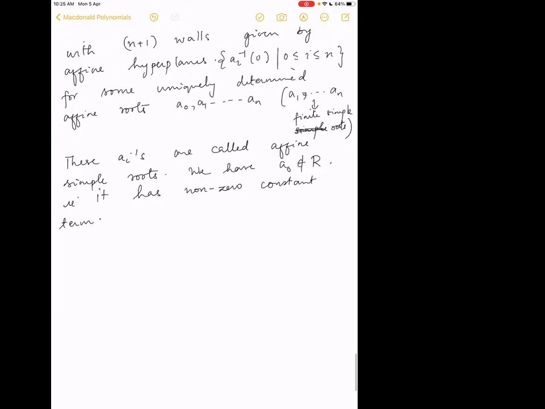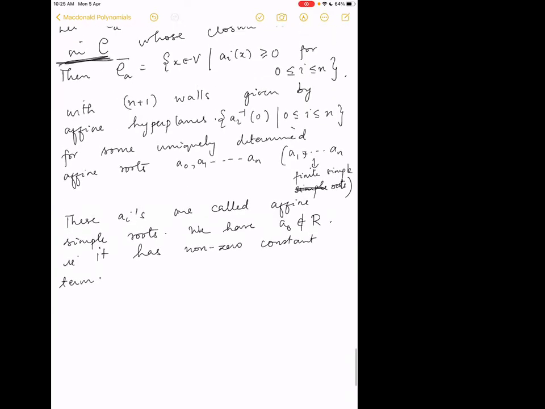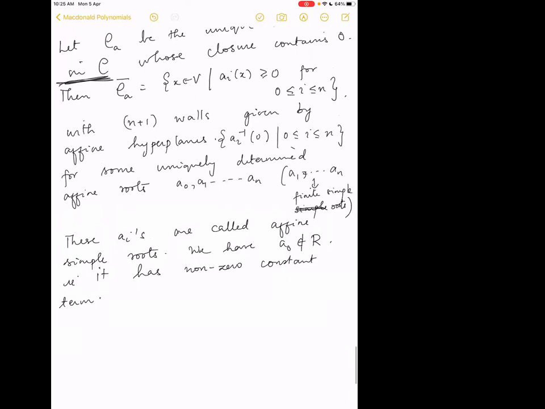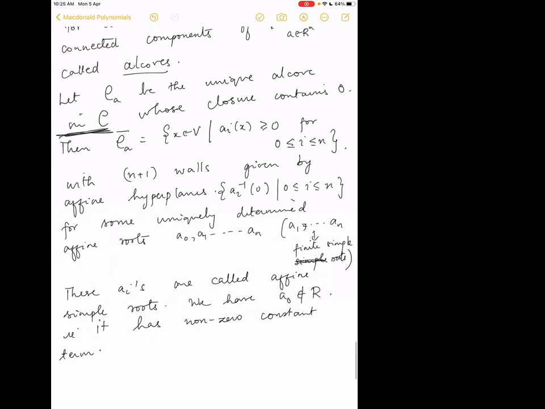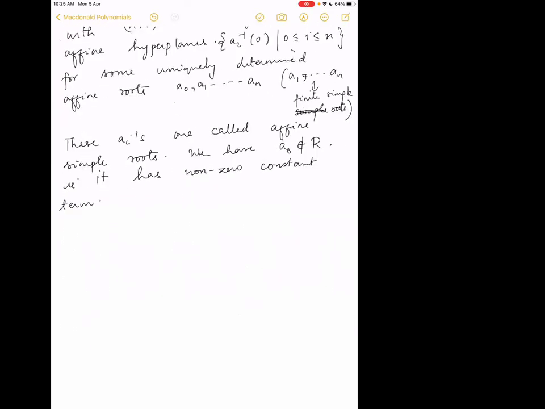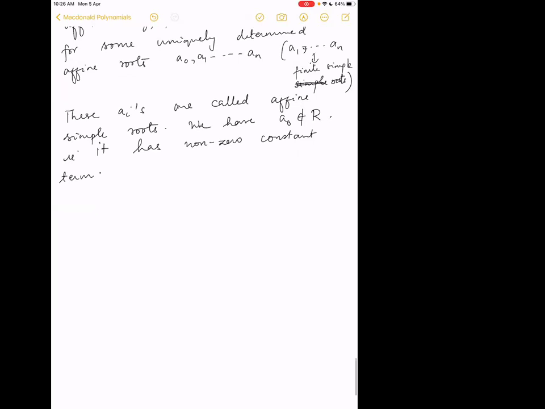If I choose an alcove away from the origin, the walls will be something else, and translations would be involved.